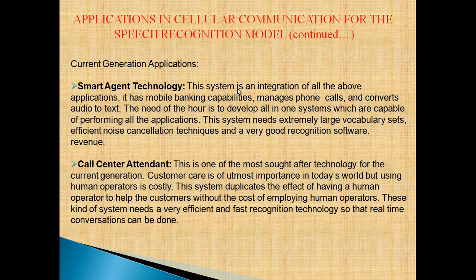The need of the hour is to develop all in one systems, and that is what a smart agent technology does. For this, it needs extremely large vocabulary sets, good information database, effective noise cancellation techniques, and a very good recognition software, which this software is able to provide.